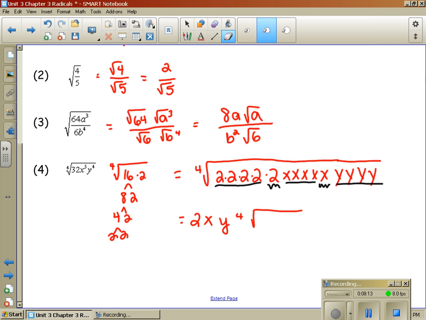And I'm going to change that a little bit. Make sure your 4 or your root is near your radical. Make sure it doesn't look like it was y to the 4th power, not the 4th root. So be very careful, leave spacing in there. So what do we have left over? 2 and x. And again, the 4th root is critical there.